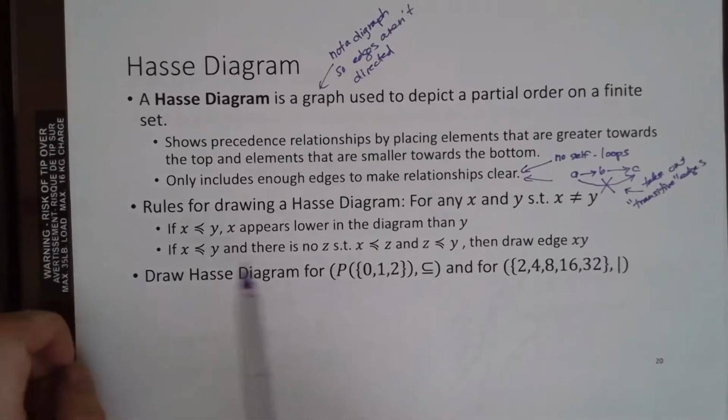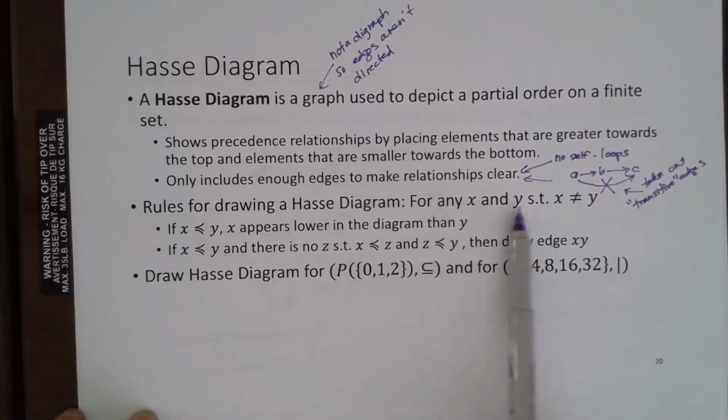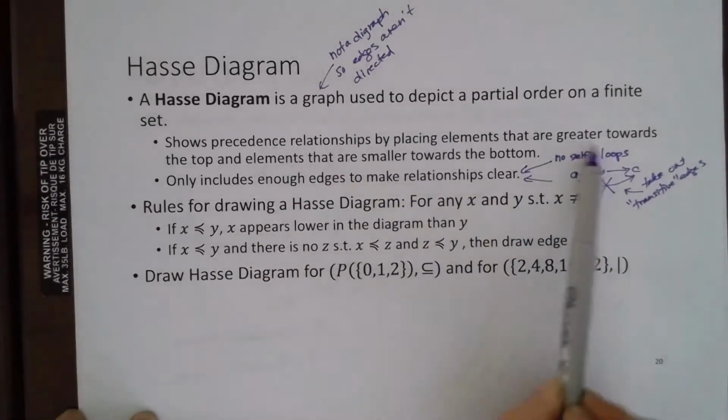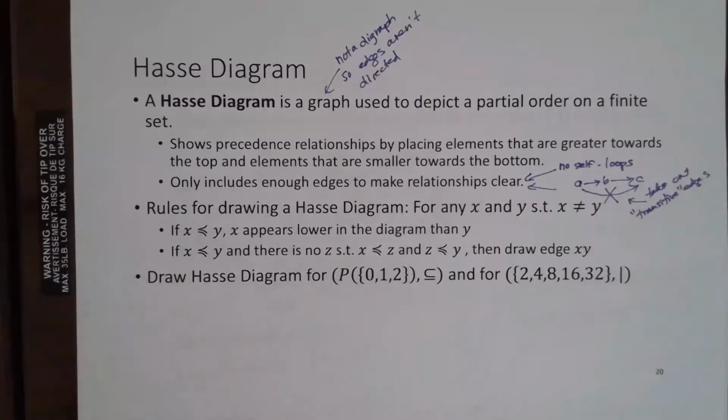So the rules for drawing this Hasse diagram are that we have two elements, x and y, and they're not the same. If x is related to y in this partial order, and notice when we talk about something being smaller or greater, it doesn't necessarily mean less than in number. What we're saying is that x is smaller and y is greater in terms of the relationship.